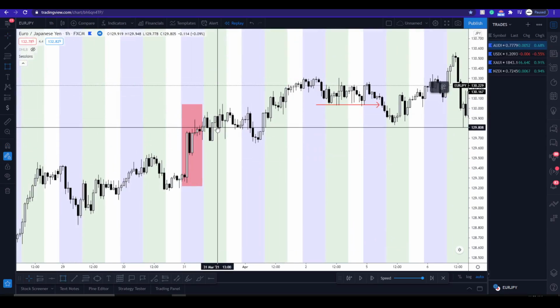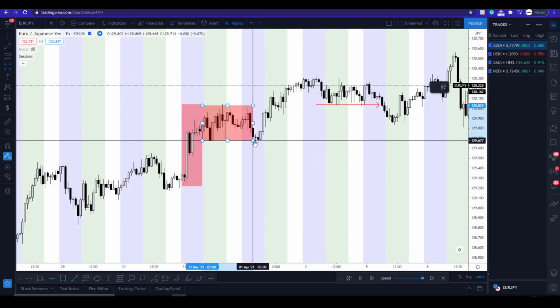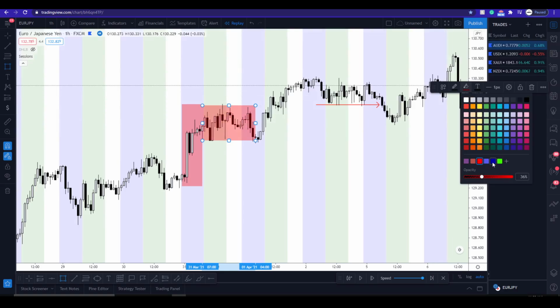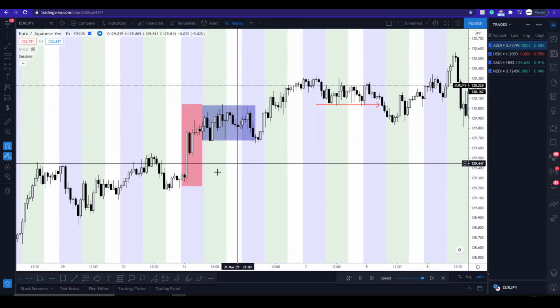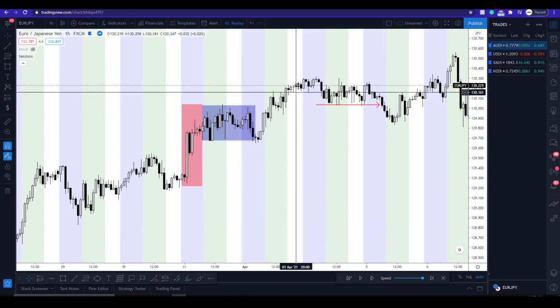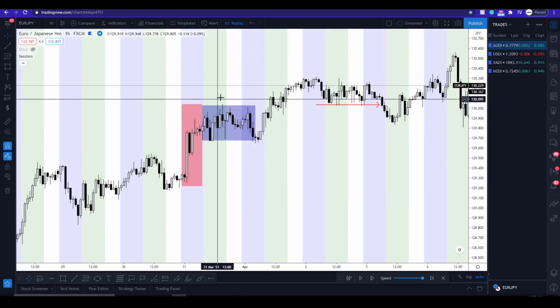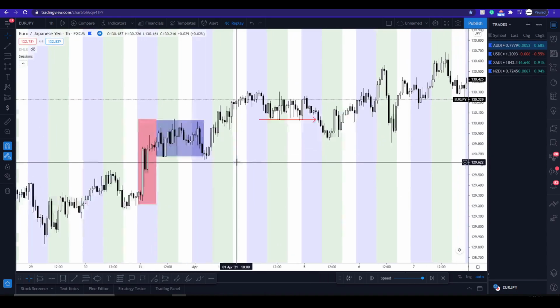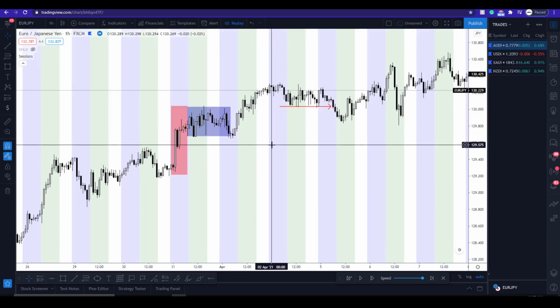Asia pushed up and then London consolidated. Why did London consolidate if London is supposed to be the one that goes up and Asia is the one that's supposed to consolidate? Well, it's because the market can't continue to expand. After an expansion, you're either followed by a retracement or you're followed by a consolidation. In this case, we're followed by a consolidation.